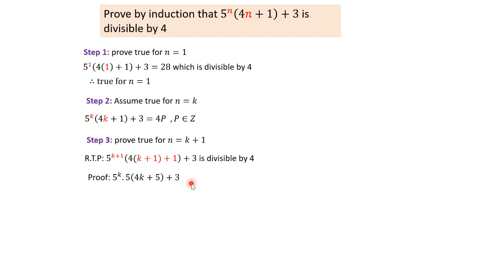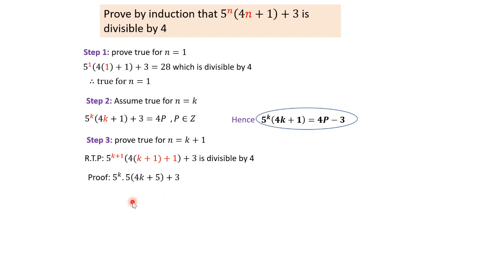But as I pointed out, you've got to make sure that you use something from step 2 to prove step 3. So let's have a look. From step 2, I can say that 5 to the k times 4k plus 1 is equal to 4p minus 3. The reason I do that is that I want to manipulate the expression to make it look like this so that I can replace it with 4p minus 3, because you have to use something from step 2.